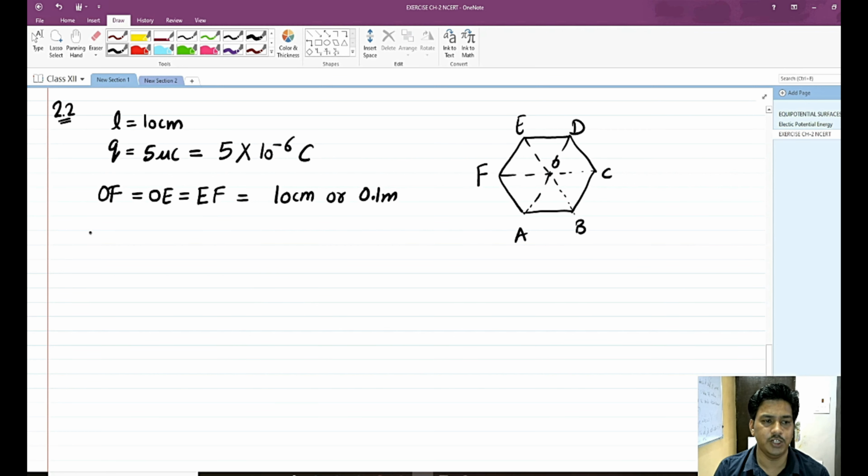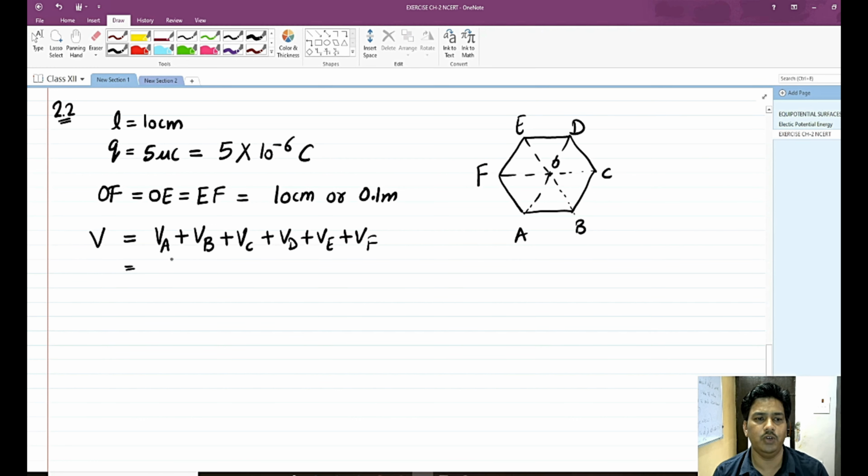Now the total potential at the center is potential due to the charge at point A plus potential due to charge at point B, C, D, E and at last F. As we know that the magnitude of charge is equal and the distance is equal, so the potential due to each charge at the center will be equal.